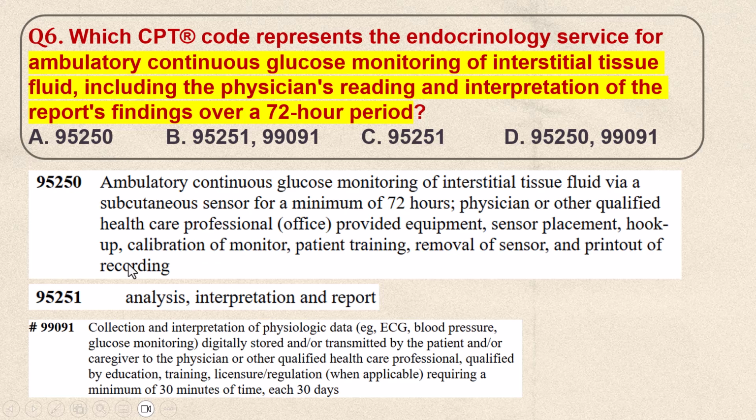Here the second part is 95252, analysis and interpretation of report. So this code includes the previous code's part up to the semicolon. So ambulatory continuous glucose monitoring of interstitial tissue fluid via a subcutaneous sensor for a minimum of 72 hours, analysis, interpretation, and report. So here you can see the physician reading and interpretation of the report.